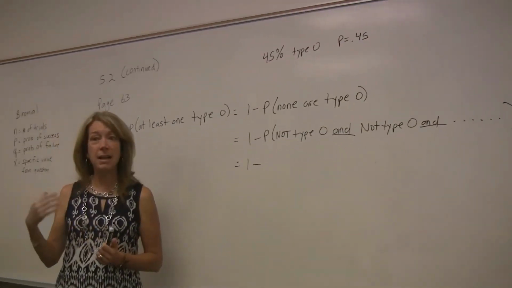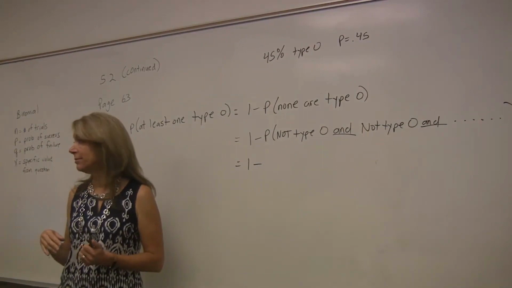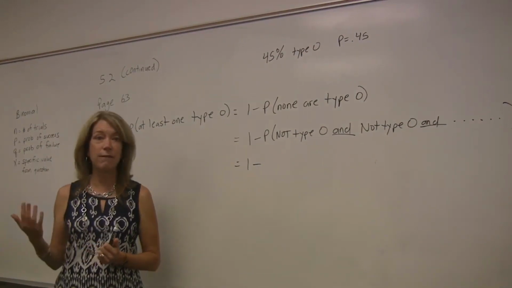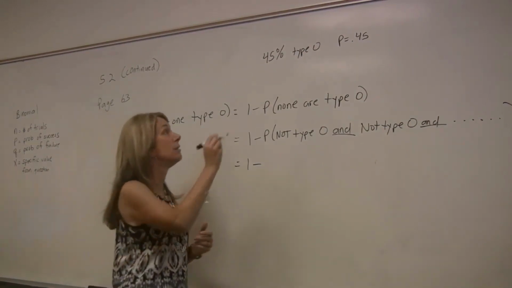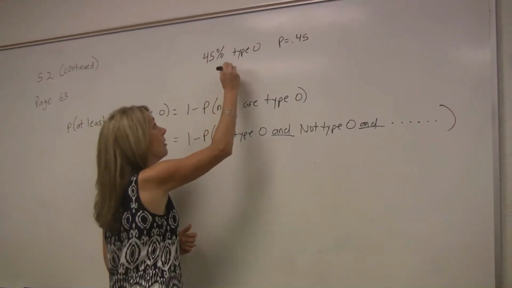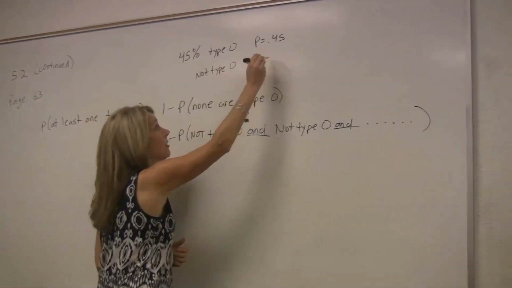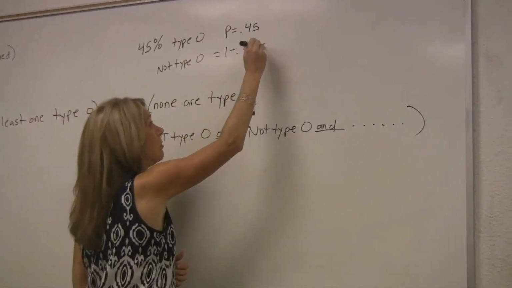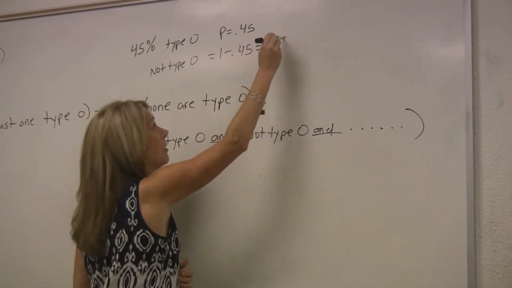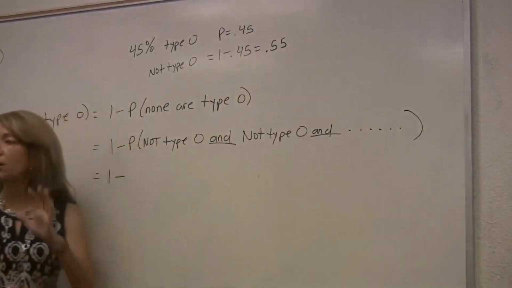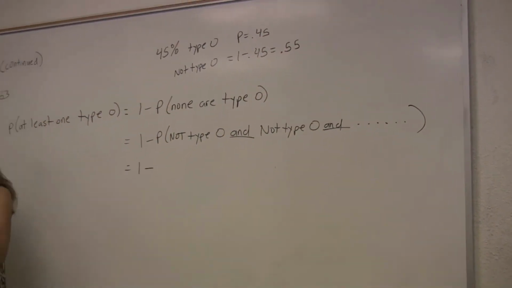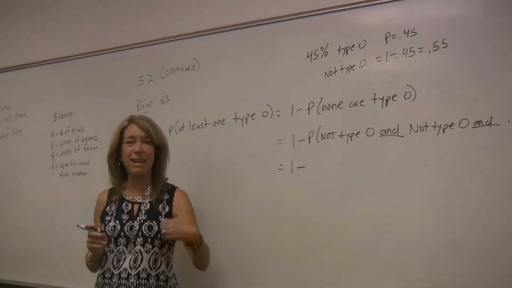We're talking about not type O, so how'd we get to 0.55? Subtract it from 1. If you think about percents, you would have come up with the 55%. So if there's a 0.45 probability that you are type O, there's a 0.55 that you're not type O.